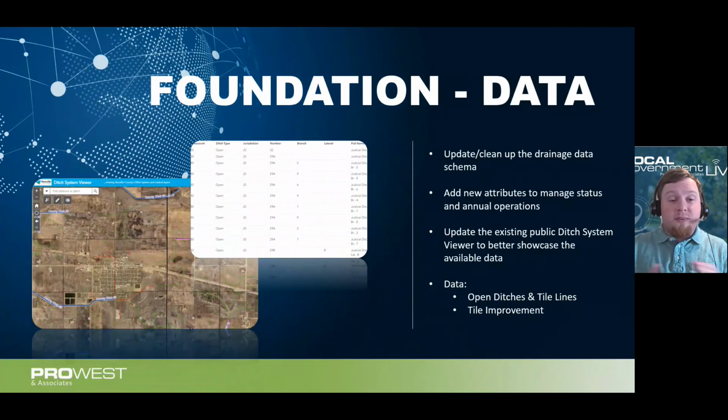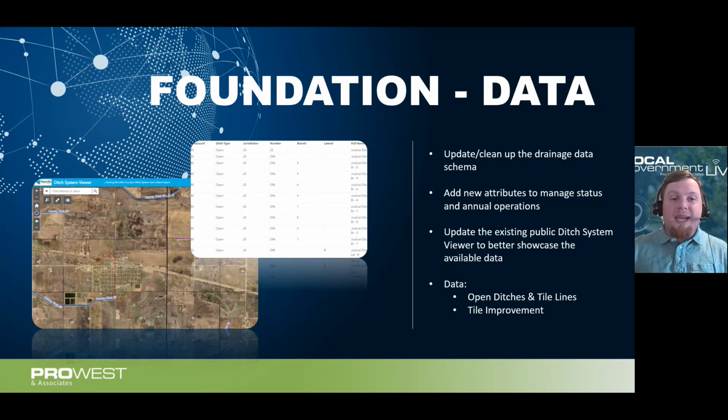Now, as with any GIS project, Renville County started with their data. So we see that the drainage data, in this case, the open ditches and drainage tile, we're going to update the schema, add new attributes, and clean everything up so that we have a nice foundation in order to build off of. Because without data, we don't have GIS.